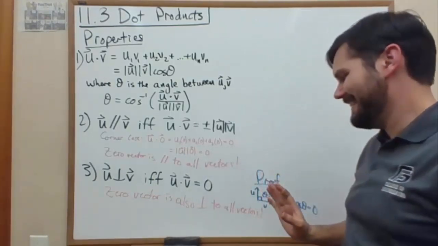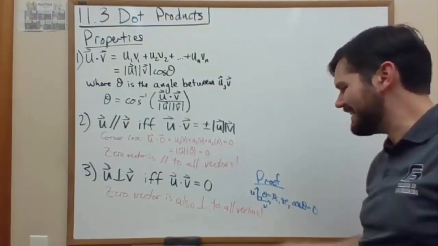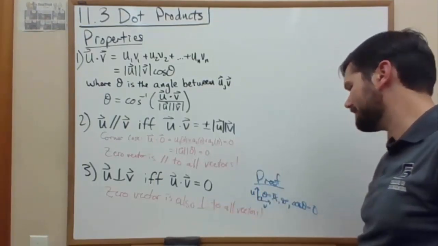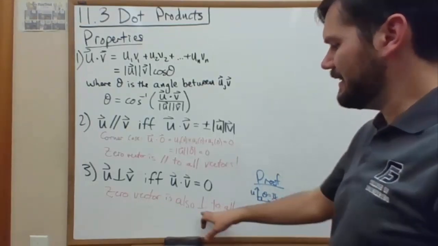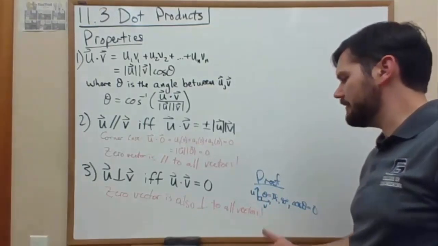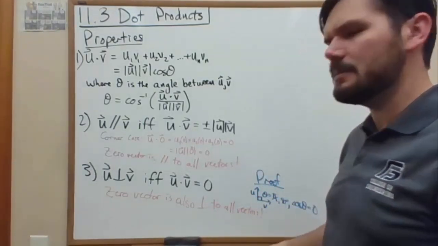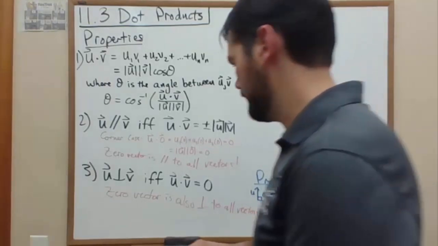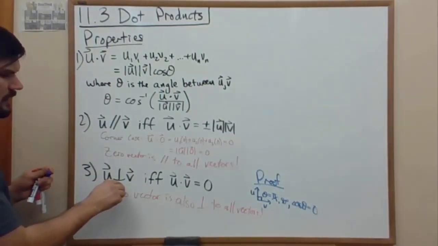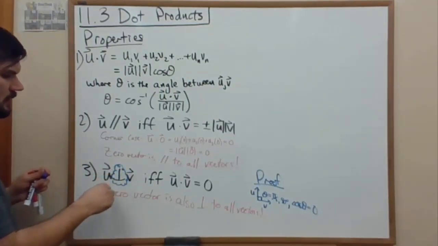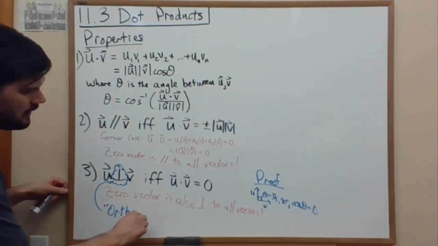There's no way we can describe a 90-degree angle between a 0 vector and another vector. There's no way. It doesn't make any sense. So, when we see this 90-degree perpendicular notion, we actually will use the more general mathematical term, which is not perpendicular, but orthogonal.